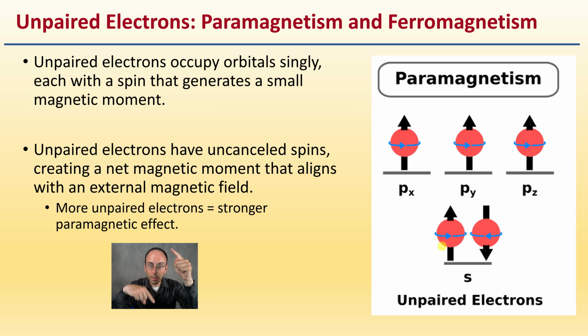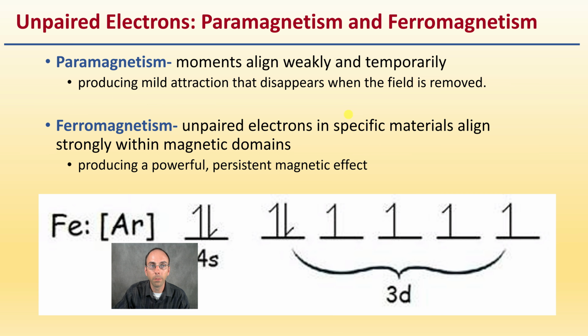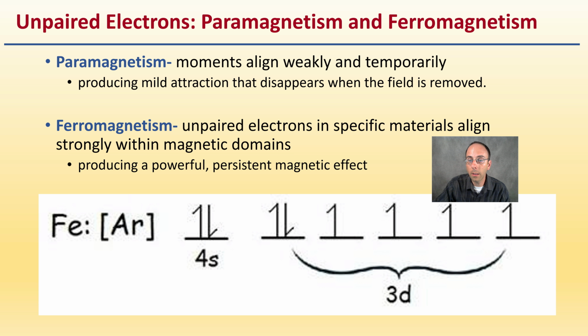Because now instead of having this canceling, you're getting electrons spinning in the same direction. Because we always start with one electron per box in our orbital notations, we have all those electrons spinning in that same direction. That can increase the strength of magnetism while decreasing the stability chemically a little bit. So again, here's our paramagnetism.